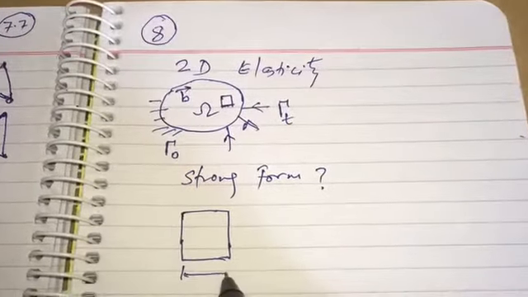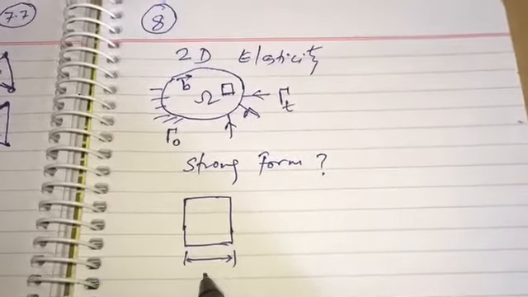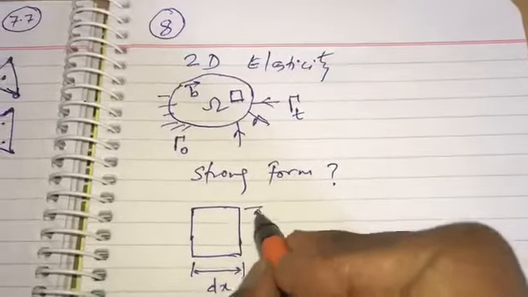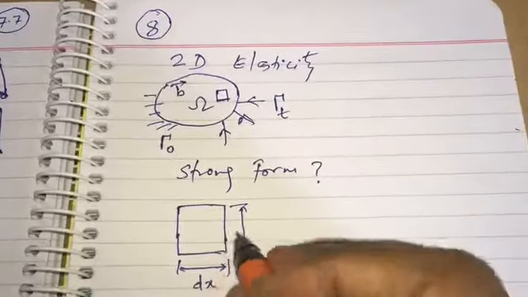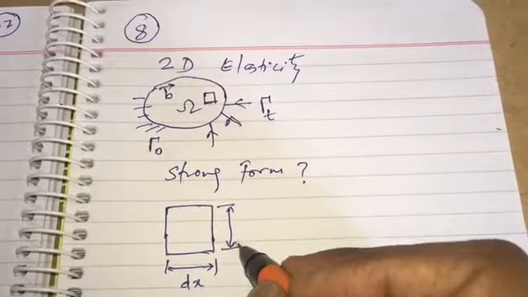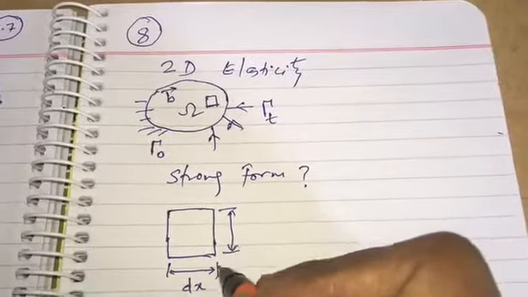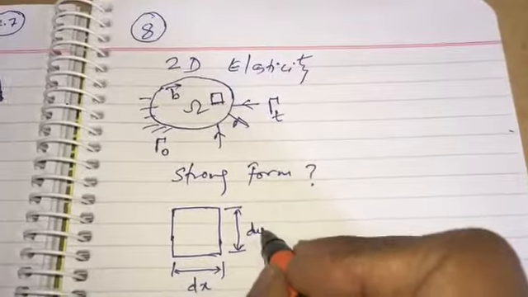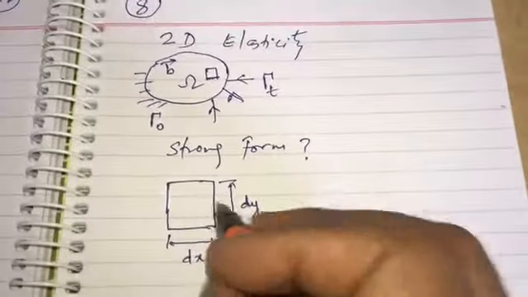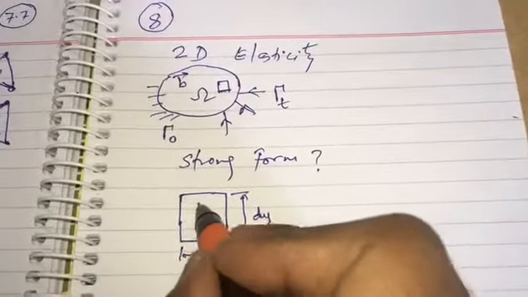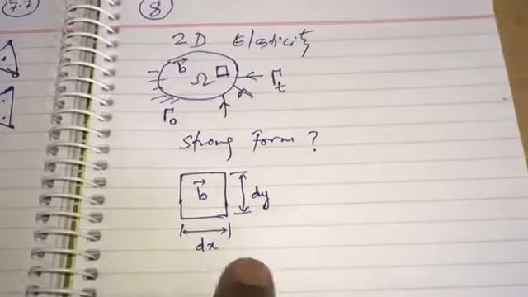Let us say the length of this is dx, and the height of this infinitesimal area is dy, like this, and we know that there is a force B per unit area.